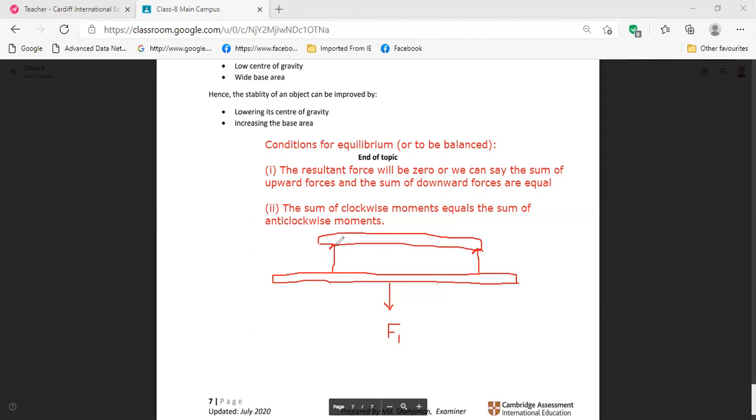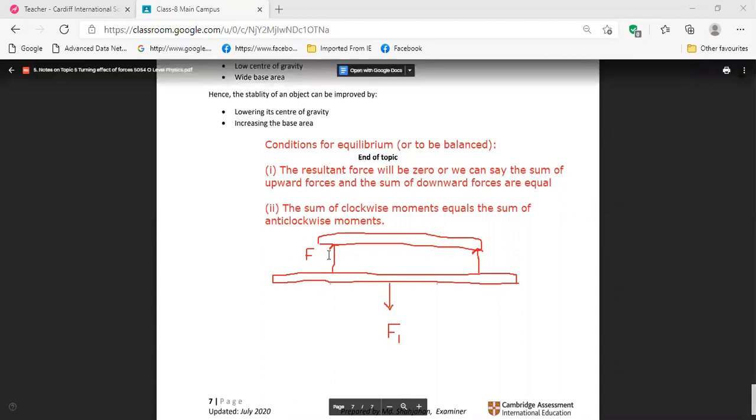Here it is fixed with one rope, and another rope is fixed here. So we have tension force on both sides. This one is F2. Writing here F2. And this one is F3.